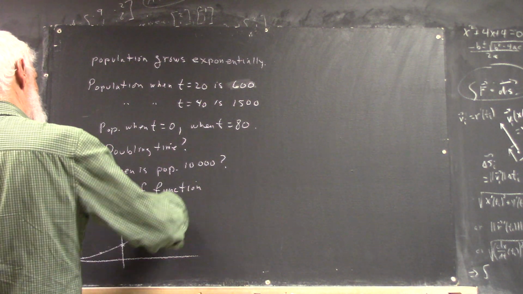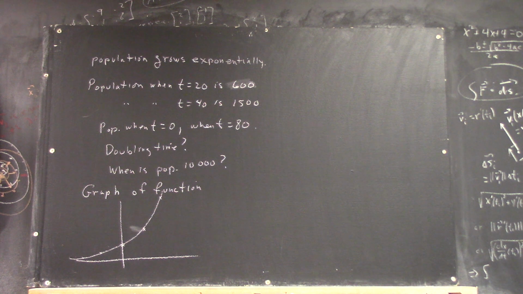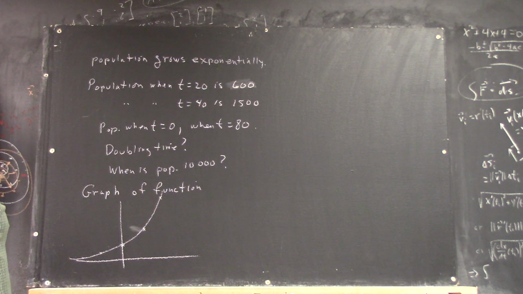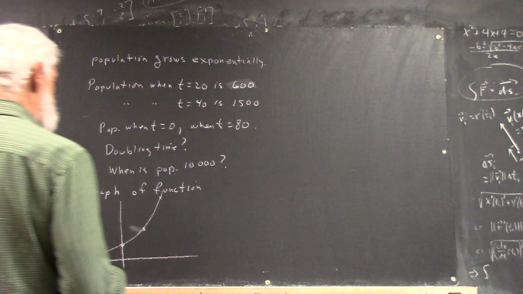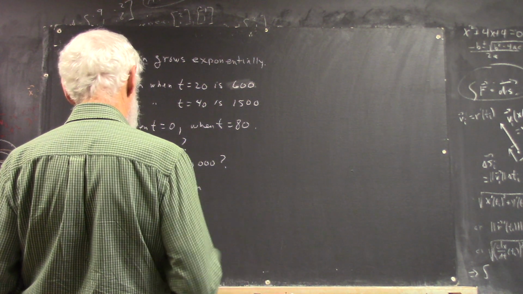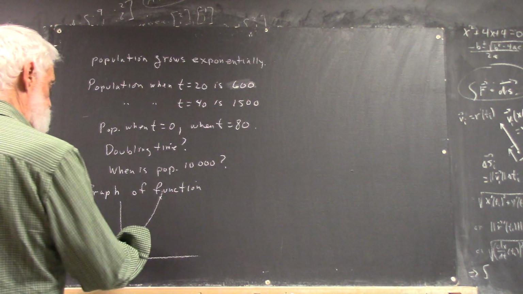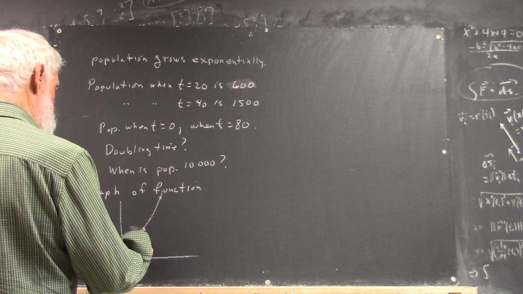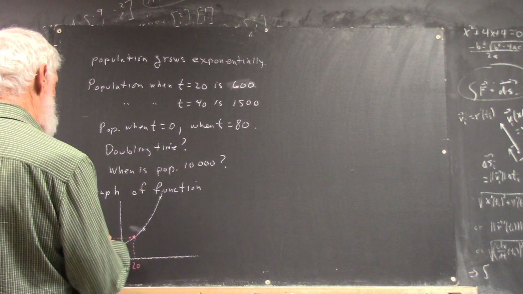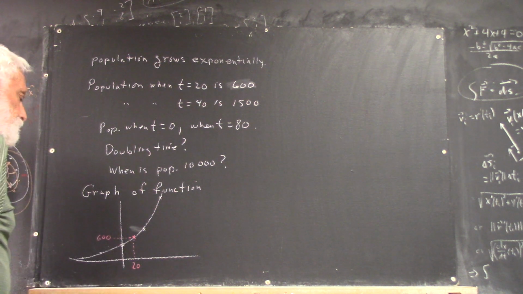and we all know how to graph it, except I don't put a scale on it. I put a scale on it that fits the information we have. So at t equals 20, population is 600. So let's say here's t equals 20, and here's 600.